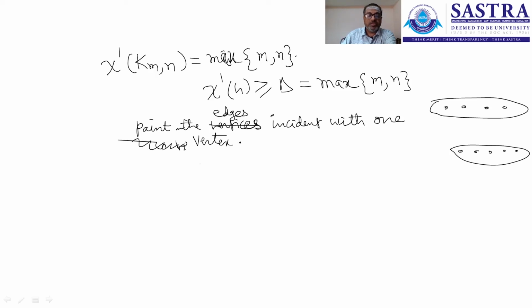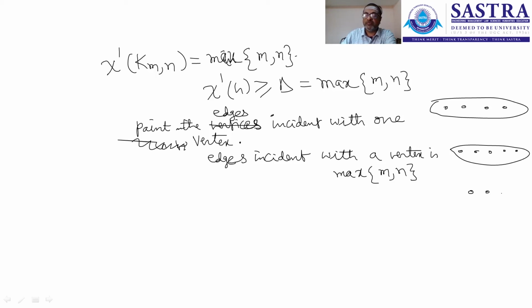When I paint this, the number of edges incident with a vertex is the maximum of m comma n. Suppose I have 3 here and 2 there.